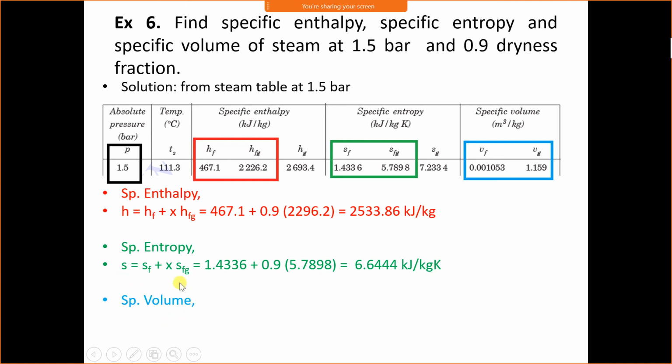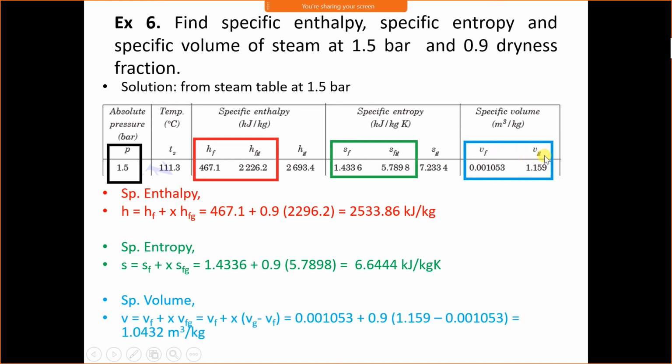Then specific volume at 1.5 bar. The value of vf and vg is given. The formula for specific volume of wet steam is vf plus x vfg. Since vfg is not given in the steam table, we have to write vfg as vg minus vf.